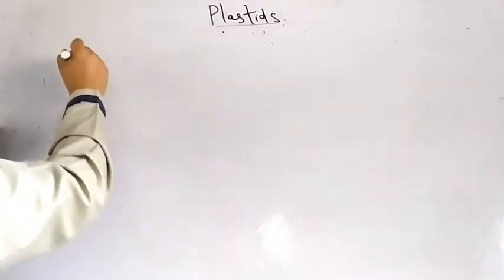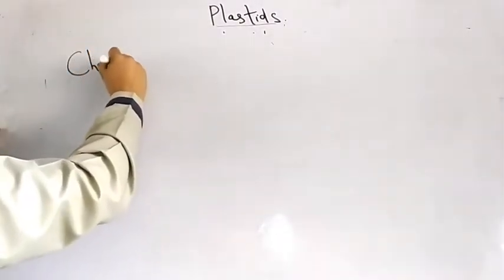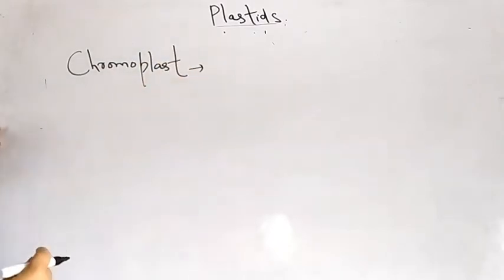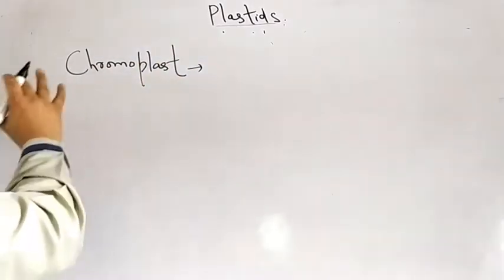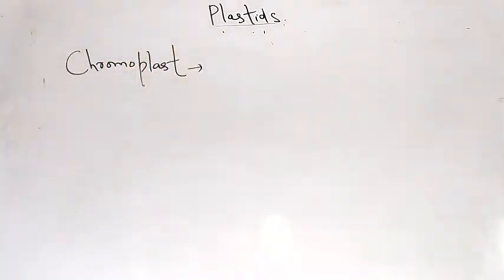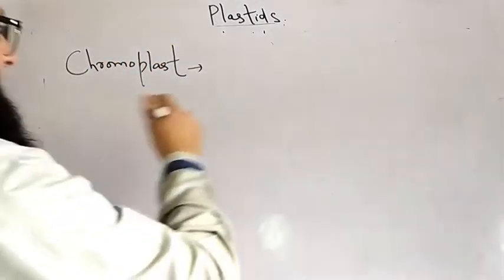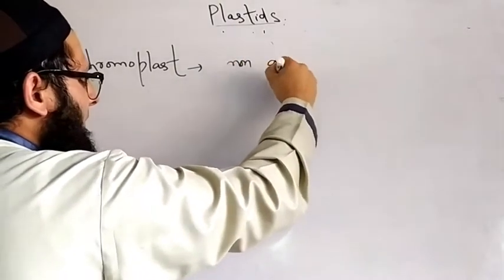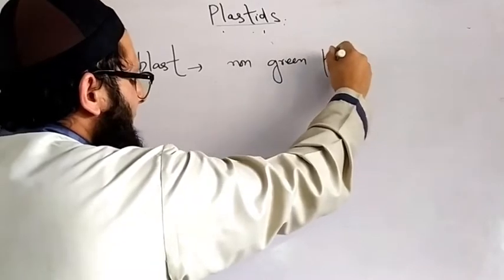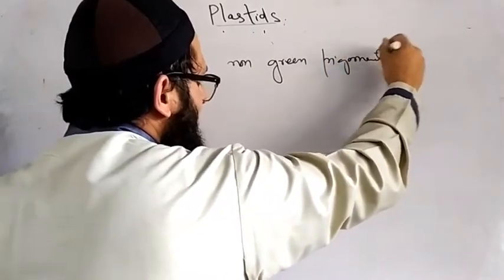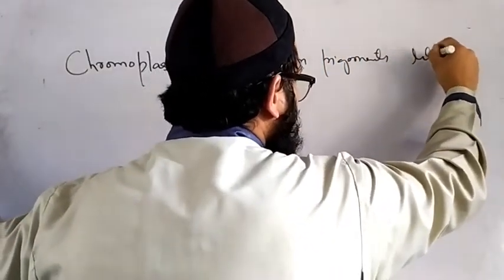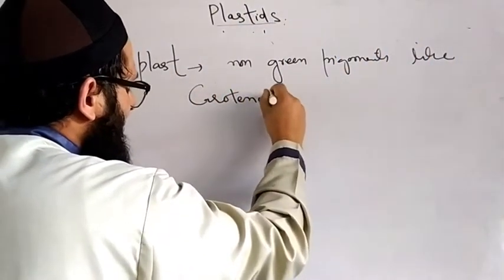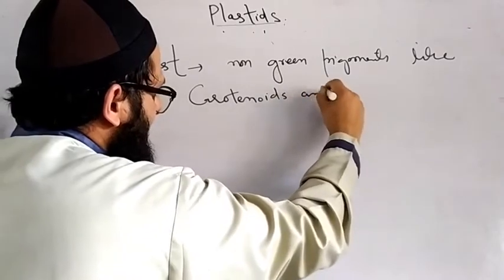That is chromoplast. So, the chromoplast, as I told you, chromo means color, plast means living. It contains non-green pigments, like carotenoids and others.